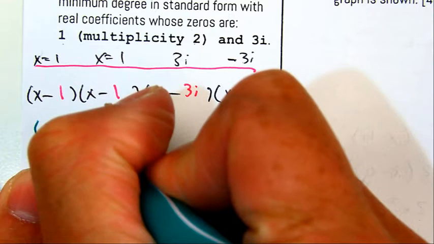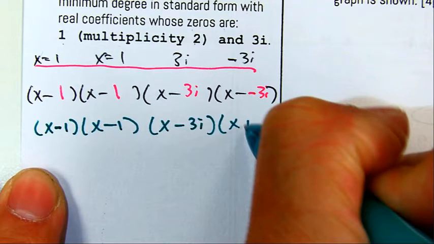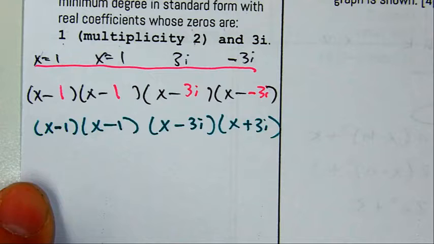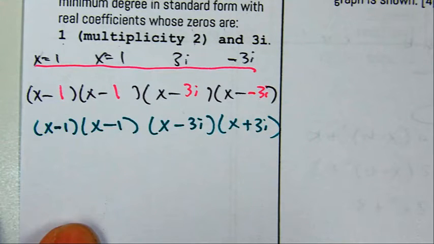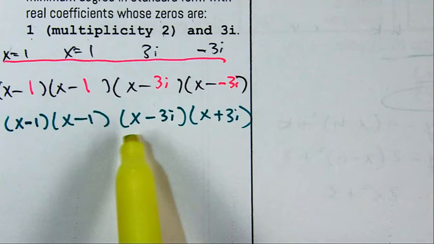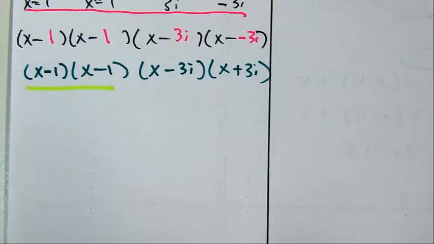So we get x minus 1 times x minus 1, and then x minus 3i times x plus 3i. And then what I'm going to do is I'm going to go ahead and use the box. Now, you can multiply these in any order, but I would multiply the imaginaries together and then the reals together. So I'm going to multiply this one way at the bottom so I have plenty of space.